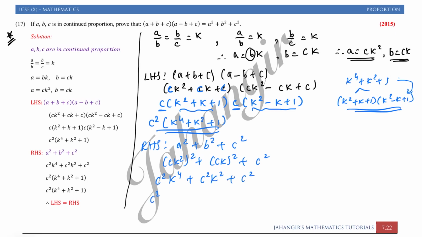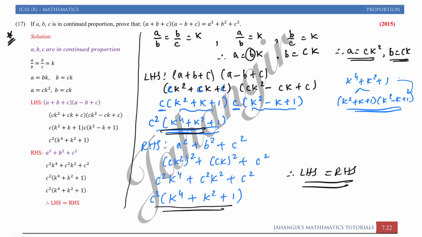Taking out C square common, K raised to 4 plus K square plus 1. So if you will notice, you are going to get LHS and RHS, both values are same. So therefore I can write LHS is equal to RHS. Okay. If you do not recall this method, then you have to pause the video and go through the previous video which contains all this K method.